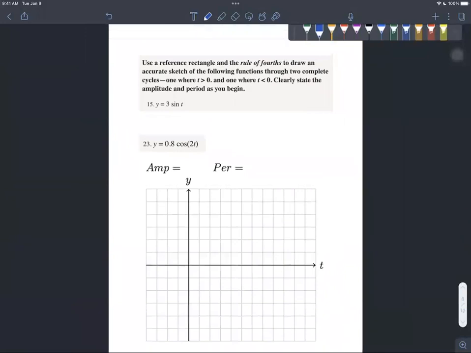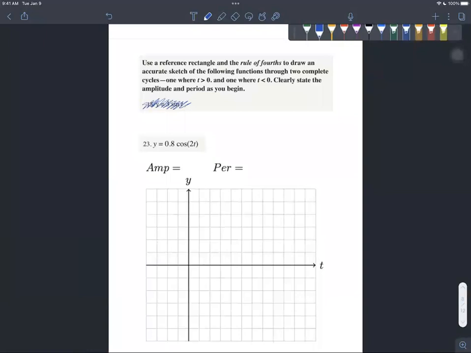It says, use a reference rectangle and the rule of fourths to draw an accurate sketch of the following functions through 2 complete cycles, one where t is greater than 0 and one where t is less than 0. Clearly state the amplitude and period as you begin. Okay, and we're not going to do problem number 15. That one's kind of simple. We'll do a couple of other different ones.